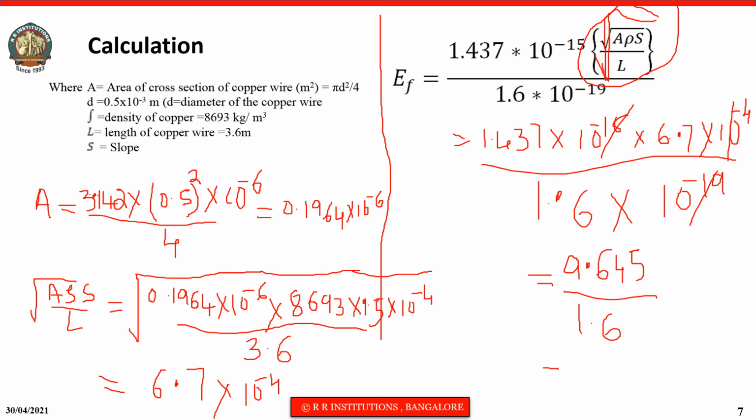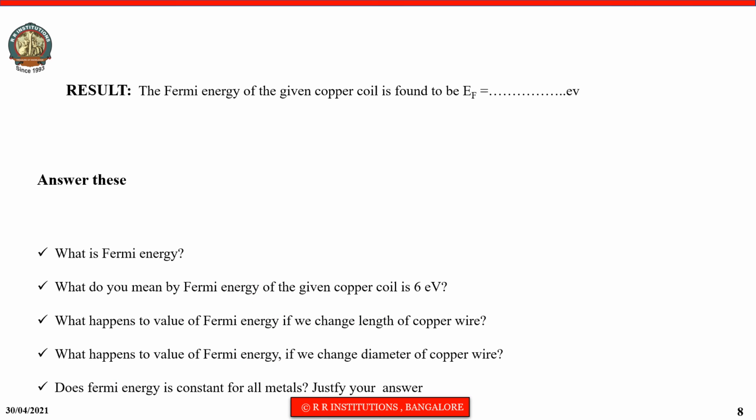The answer comes to be 6.03 electron volt. Hence, the Fermi energy of the given copper coil is found to be 6.03 electron volt.